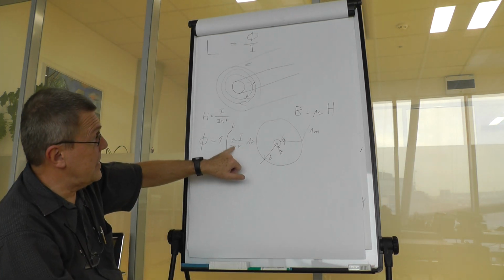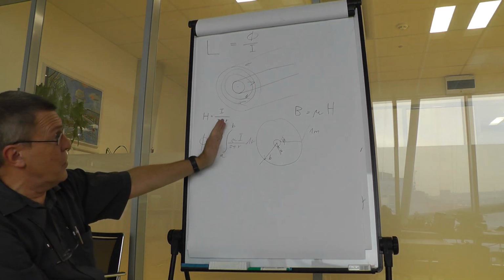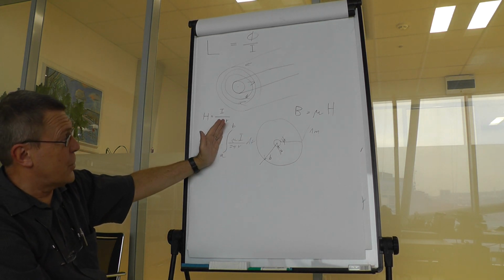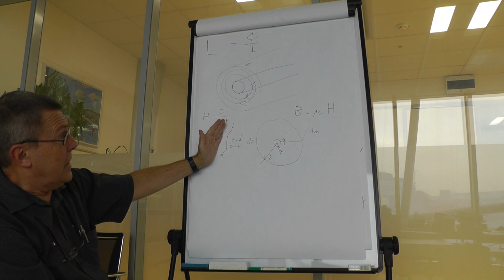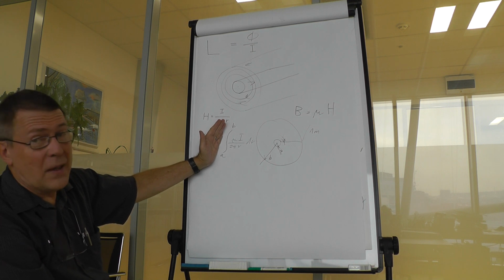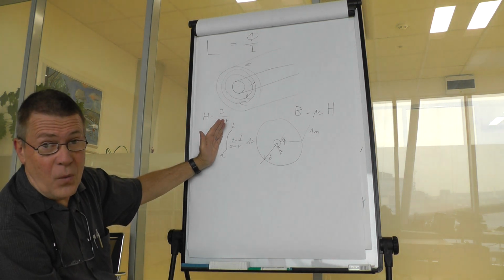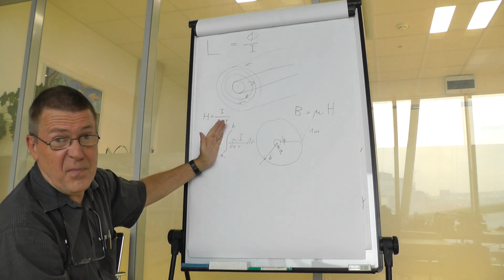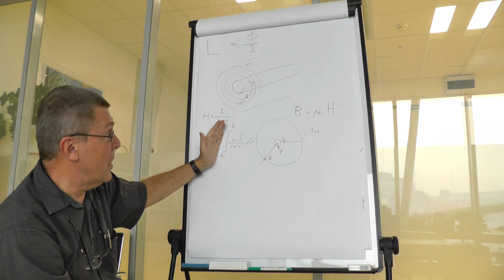This is a constant, we move it ahead of the integration. And we have an integral of 1 over r dr, which gives us the natural logarithm of r.